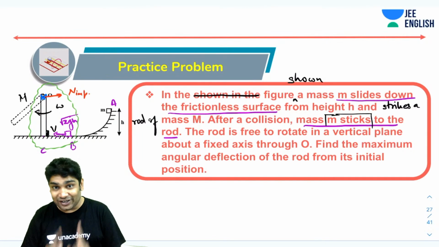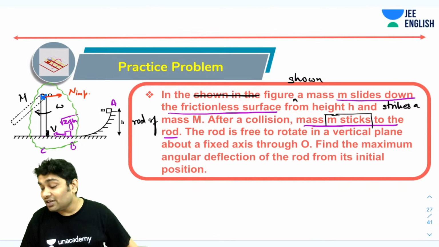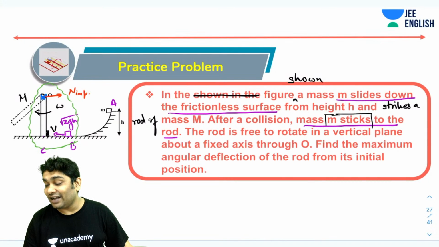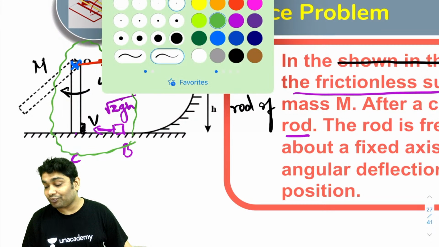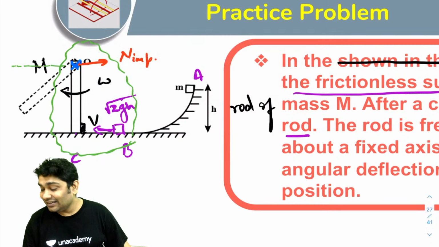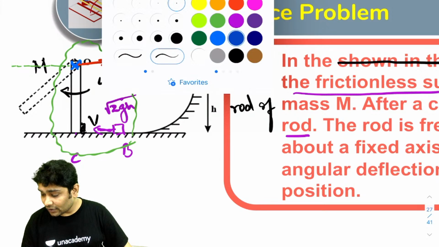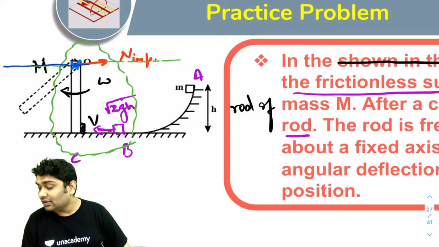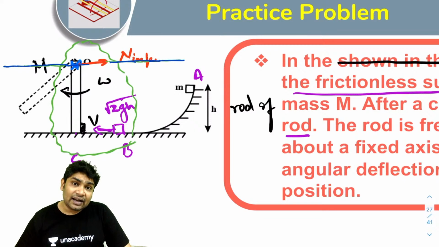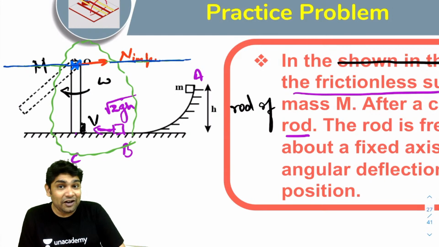In fact, you will realize one thing. You could have applied angular momentum conservation about any point lying on this entire line. But we will not get into that. It's for your advanced level understanding though. About any point on this entire line, the torque of N would be zero.